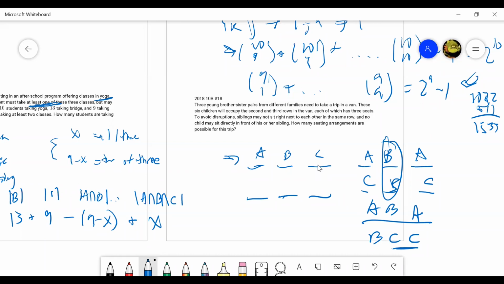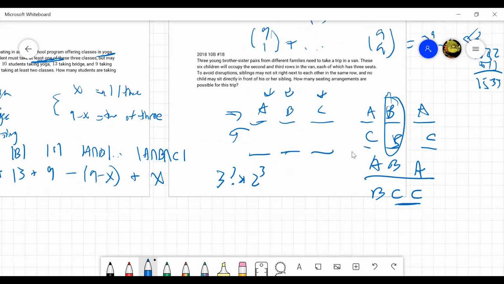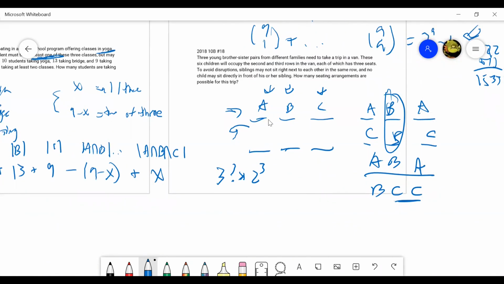Then from there, there are going to be 3 factorial, the number of ways you can order the A, B, and C, times 2 cubed for the number of ways that you can have either the brother or the sister from each family, and then times 2 because after you have chosen the 3 spots for A, B, and C, then there are 2 spots for the A, I guess you could say, and after that the rest is fixed.